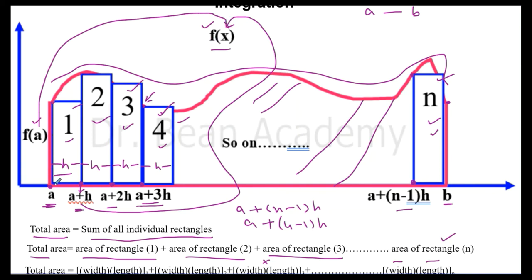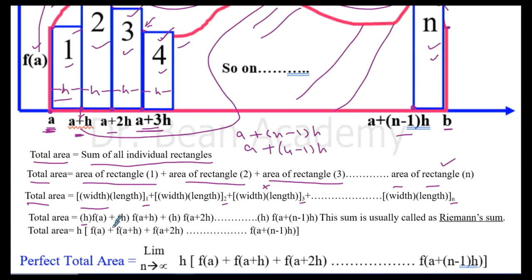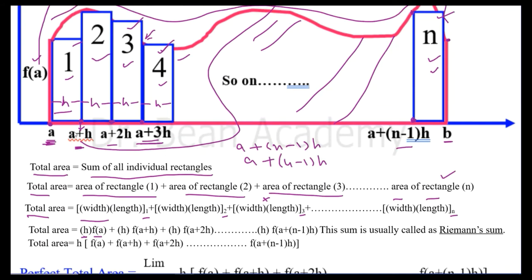I have already shown you this: if a line is touching a function, and if you know the location of that line on the horizontal axis, putting this value into the function will give me the vertical length of this line. So you see, this is what I am doing. Now the area of the first rectangle is h times f of A. So whatever the location of this line, I will put this value into the function, and the function will return me the length of that line.